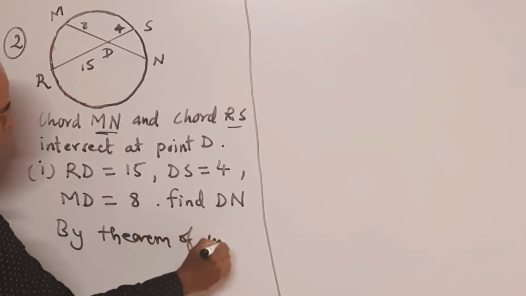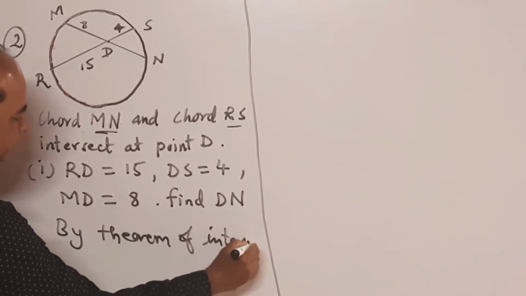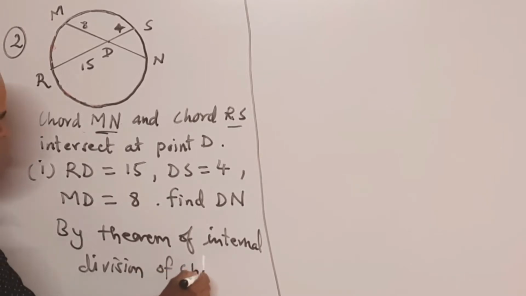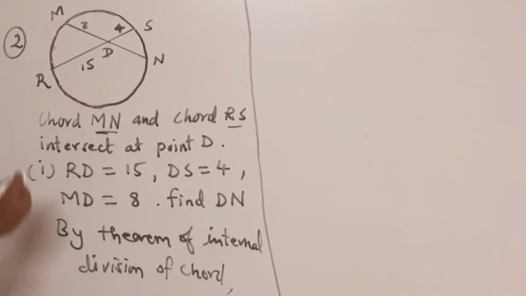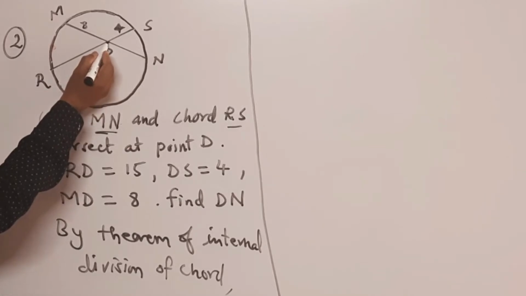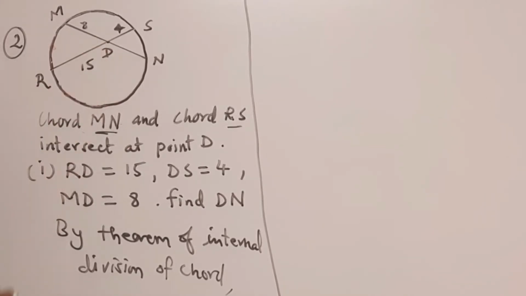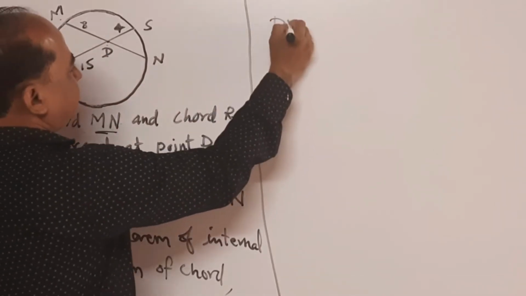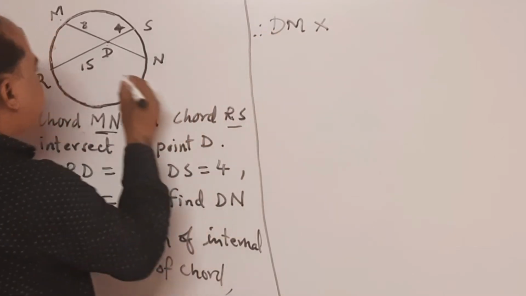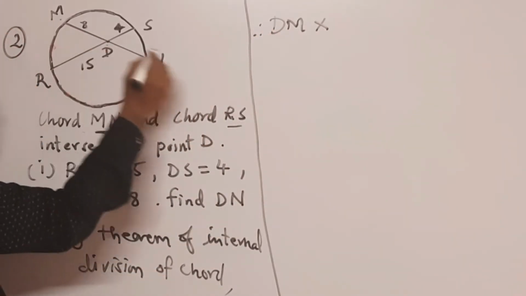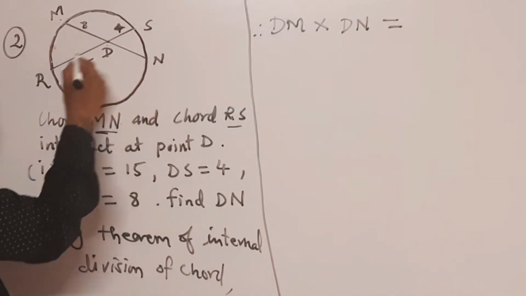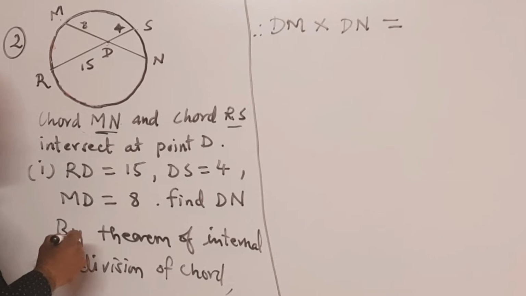of internal division of chords, when two chords intersect internally, we have to start with the point of intersection, that is D. So DM into DN is equal to DR into DS.